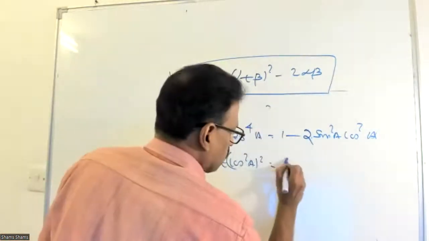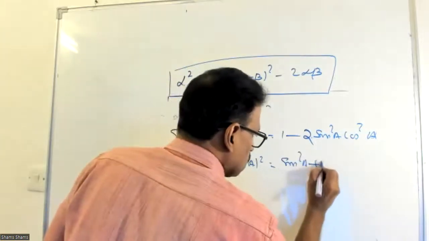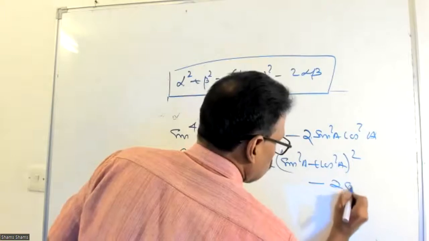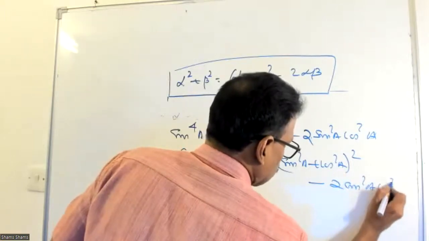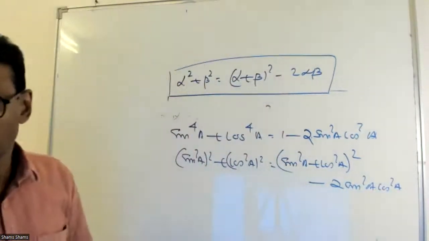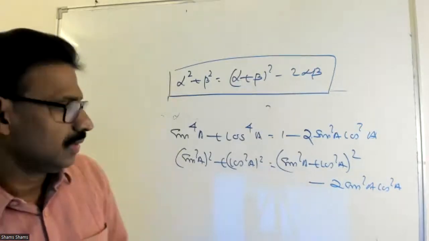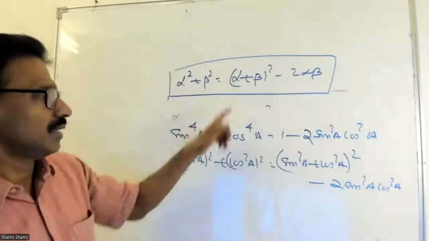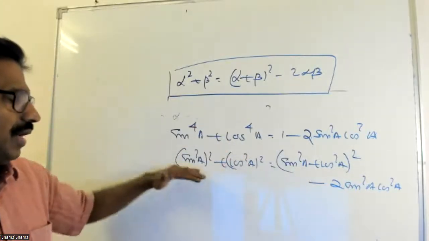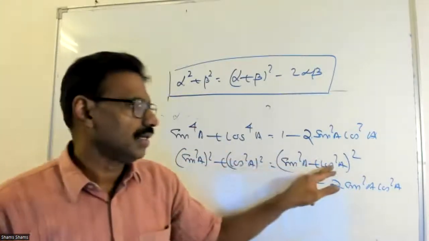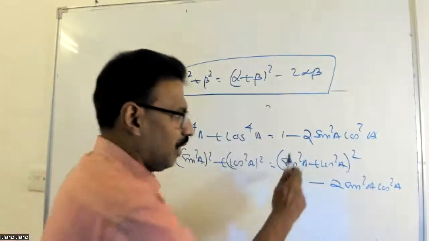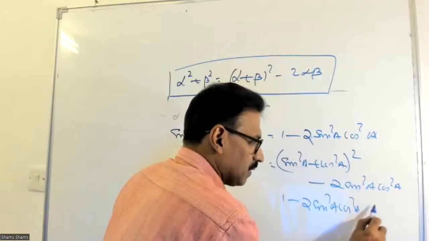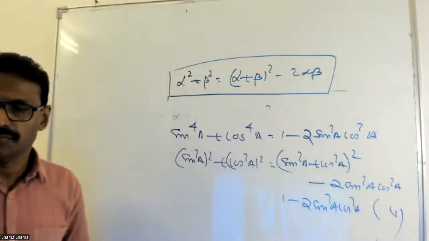Alpha is sine square A plus cos square A whole square minus 2 sine square A cos square A. Sine raised to 4a, we can write sine square A whole square. Then this is cos square A whole square. So alpha square plus beta square is alpha plus beta whole square minus 2 alpha beta. This is 1, so 1 minus 2 sine square A cos square A. This is also a 4-mark question. Write fast.